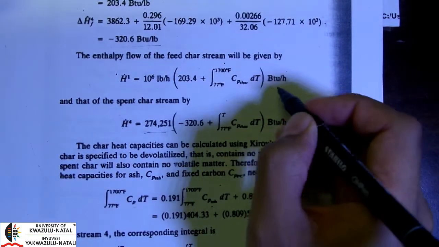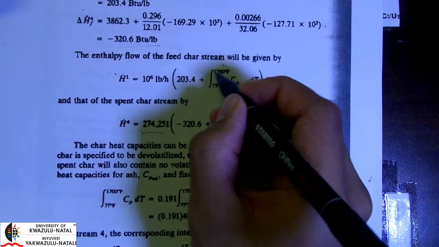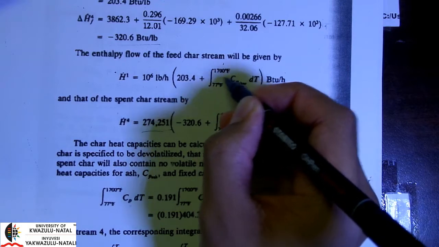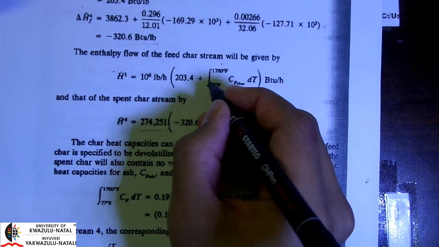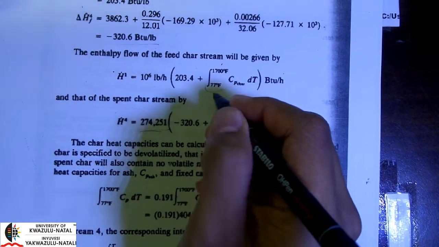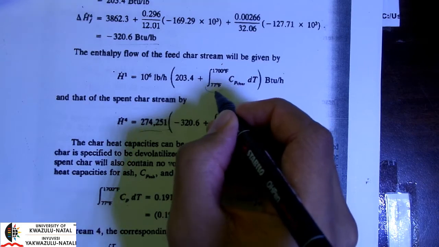Okay, and this will give us the enthalpy in BTUs per hour. The temperature of stream 1 is 1700, that's why we are going up to 1700. But notice that my reference temperature will always have to be the standard temperature, 25 degrees Celsius or 77 degrees Fahrenheit.